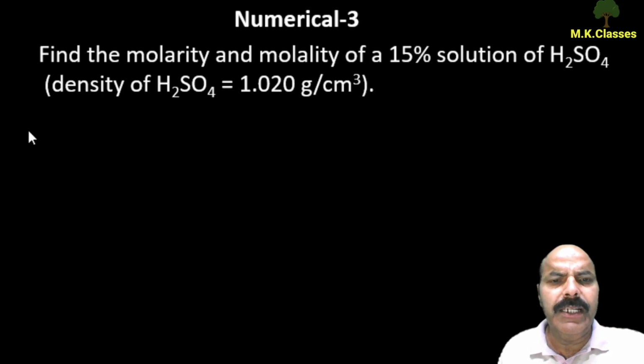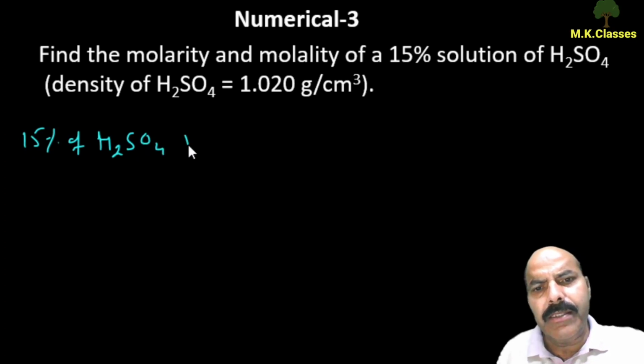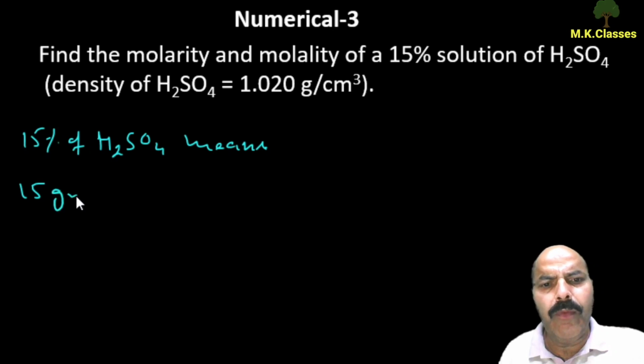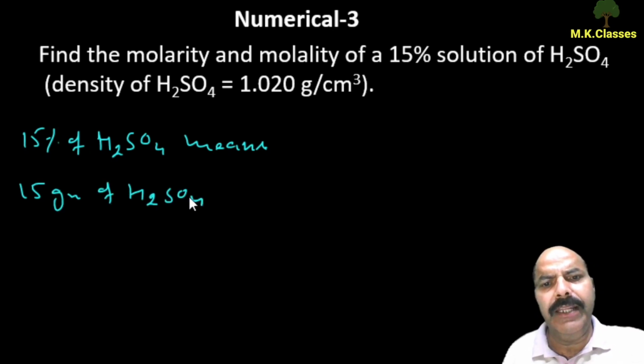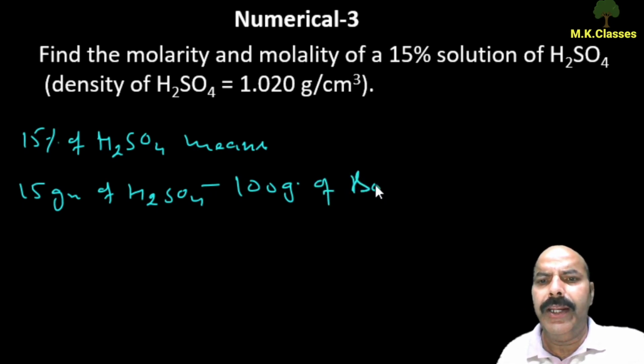15% of sulfuric acid means क्या मतलब हुआ बेटा इसका, that 15 gram of H2SO4 जो है बेटा, that is present in 100 gram of solution. 100 gram of solution, simply मैंने लिखा बेटा.